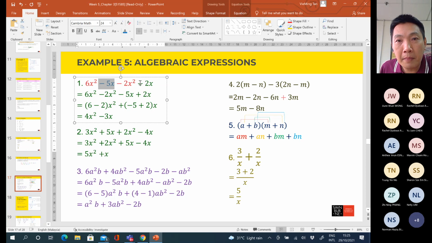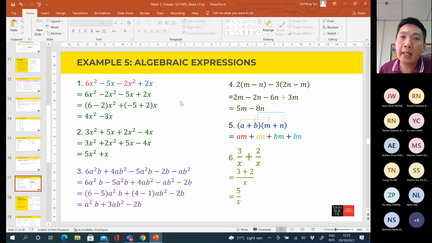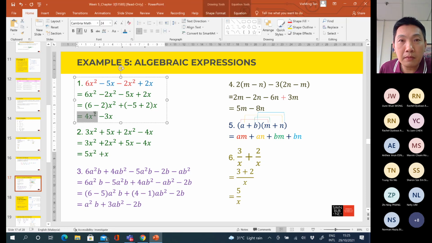Because same power number, same base number, combine. So 6x power 2 minus 2x power 2, you get 4x power 2, right? Directly, I can jump to here. And then negative 5x plus 2x is equal to minus 3x, blue color.